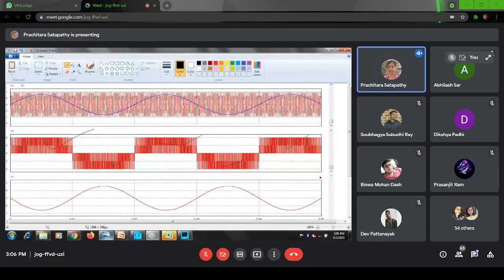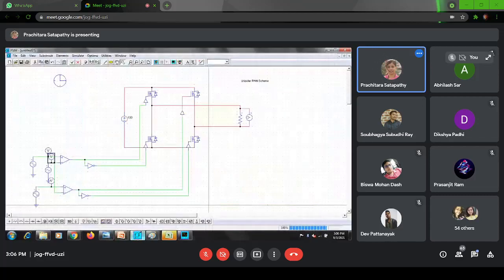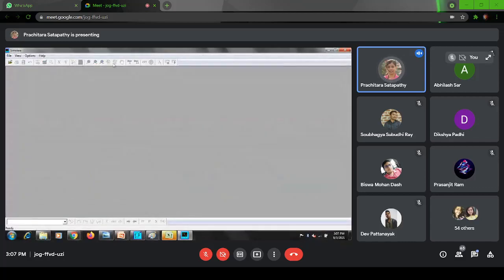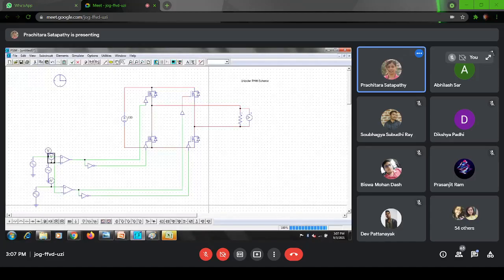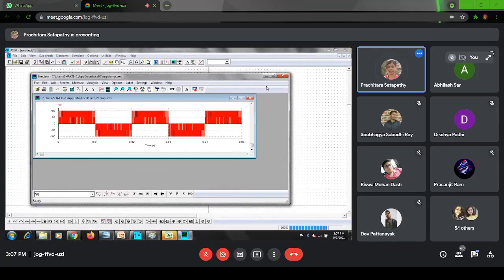So for both the output voltages, you will do the harmonic analysis. Let's do the harmonic analysis. We will have to remove this. Okay, let's run. Only V0 you keep in the waveform, in the plot window.